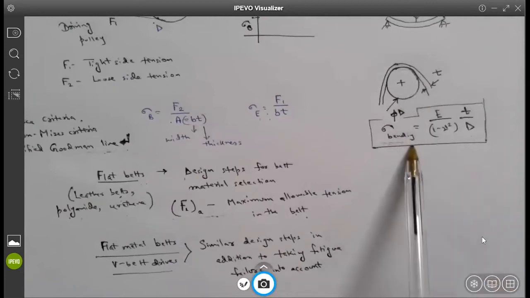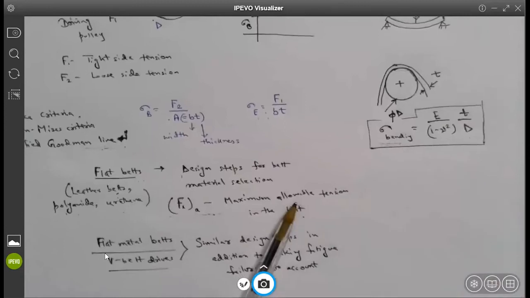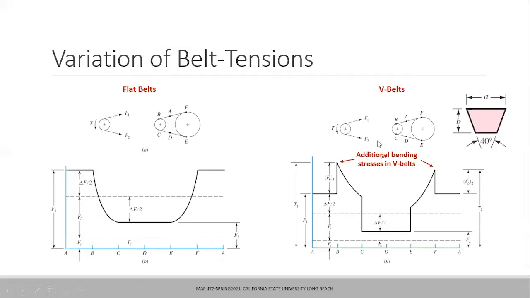So that is the reason that if I switch back to the PowerPoint here, and you look at this slide now, in the V-belts you actually have an additional component of the bending stresses that appears at point B when the belt is touching the pulley.